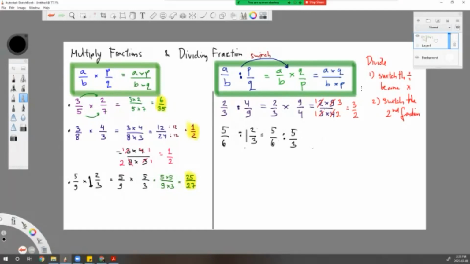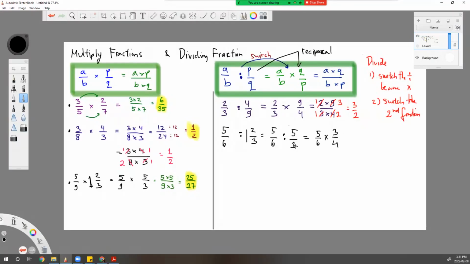You switch the division symbol become multiplication. So 5 over 6, you multiply by the reciprocal of the second fraction, 3 over 5. So switch the fraction means you do the reciprocal. What is reciprocal? Reciprocal fraction is where the numerator and its denominator switch.